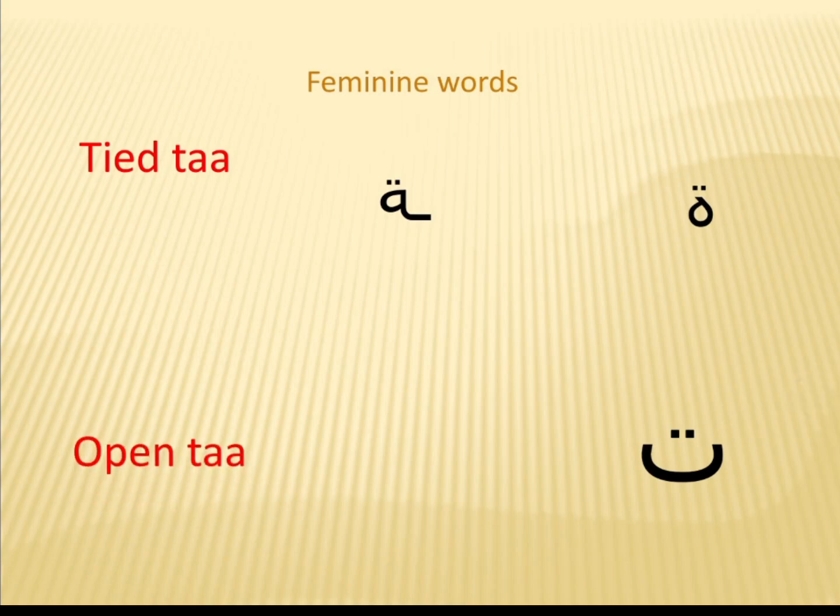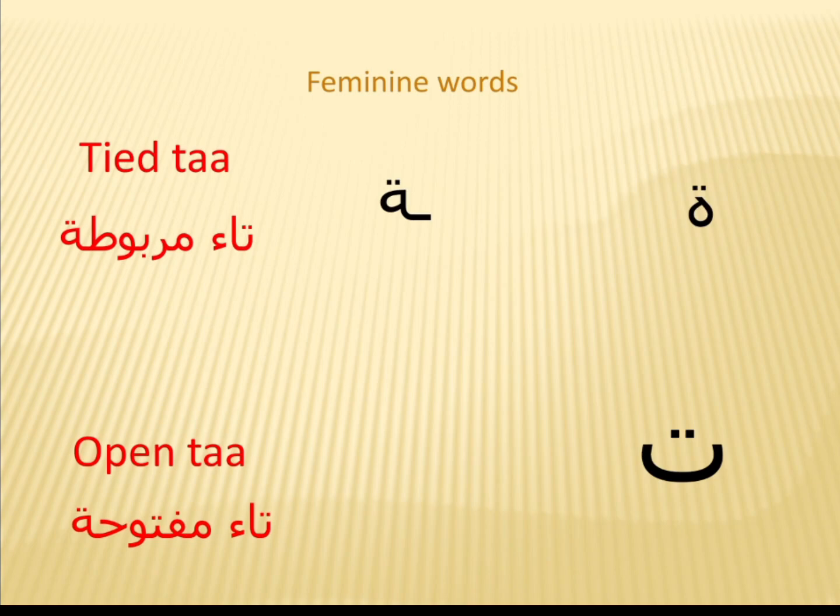If a word ends with this تاء مربوطة, 99% this word is a feminine word. So now we understand what تاء مربوطة is.